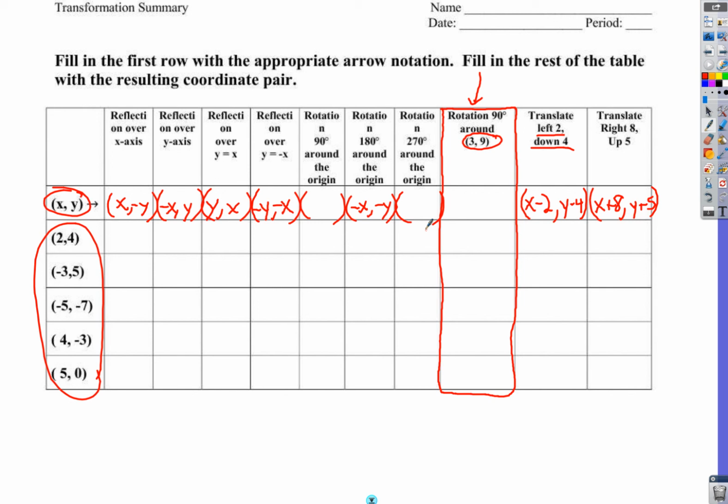But with the 90 and the 270, it depends on which direction you go, right? But there are some things in common. So what do they both have in common? Remember, when they don't tell you a direction, we assume counterclockwise. What do both of those rotations have in common?